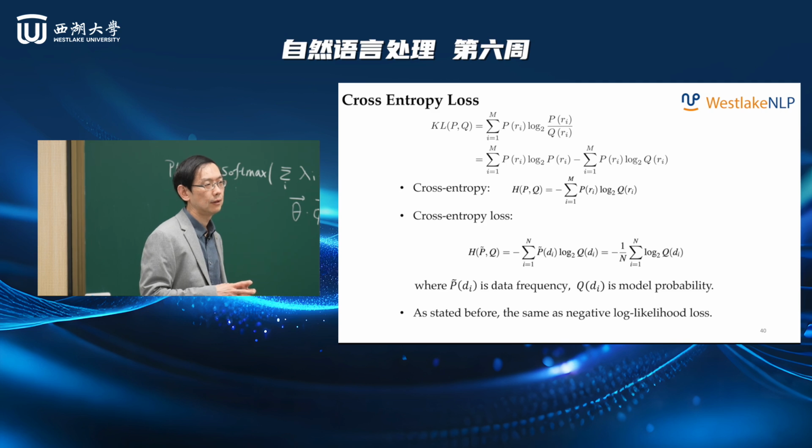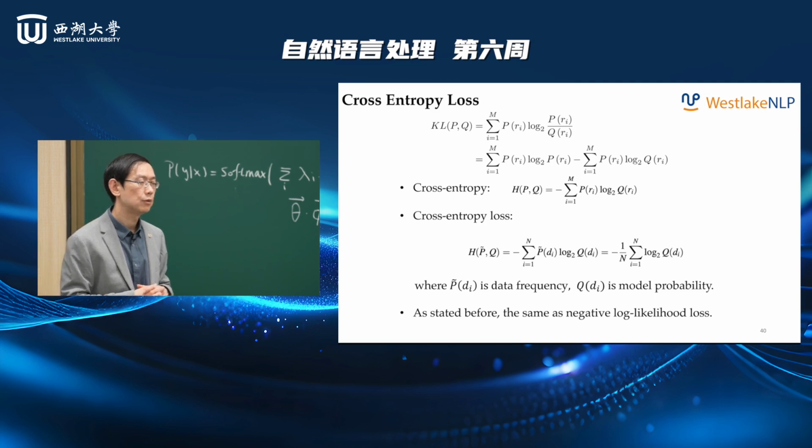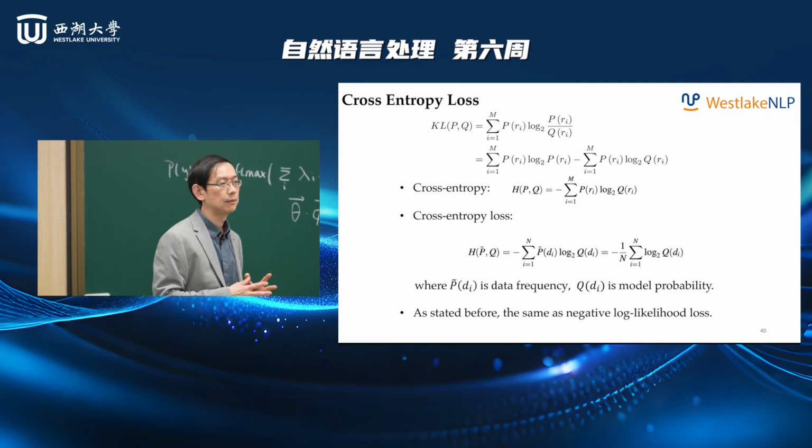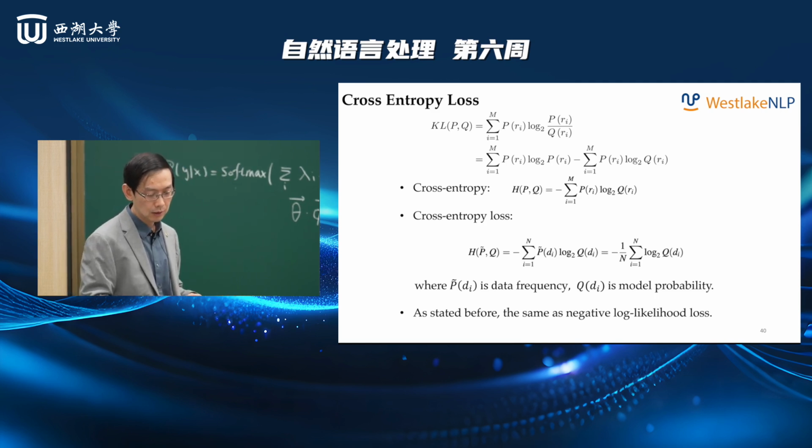So when I say I train a large language model using cross entropy loss, I mean the same as when I say I train my large language model using maximum likelihood estimation. It's just that I turn that into a loss function term.